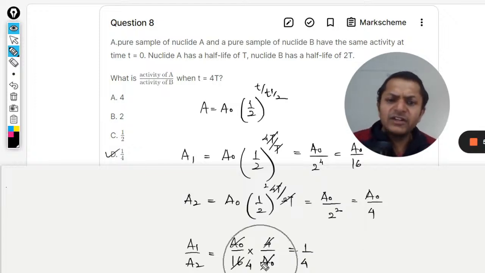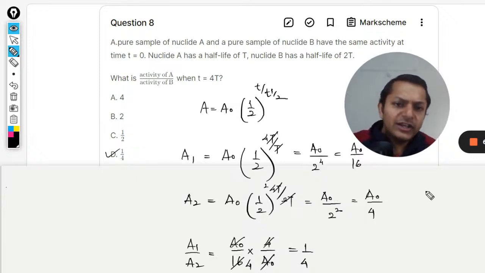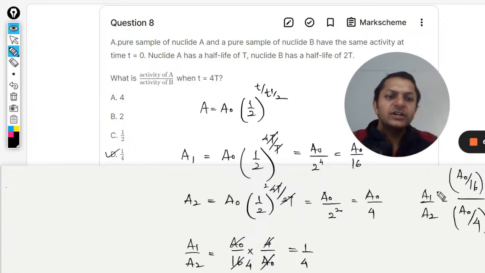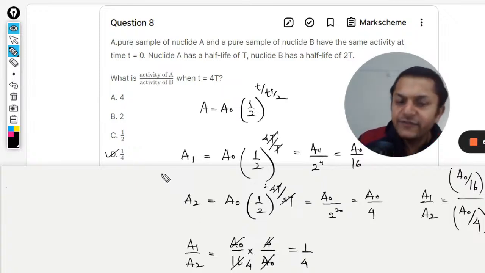Students might have some problem with the algebra in that part, but if you really concentrate on what I have done, there should not be any problem. I take the reciprocal and multiply these two. So this is what I get, and clearly the answer is D for this question.